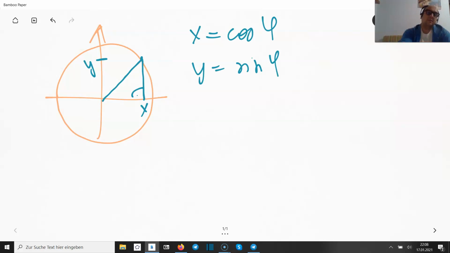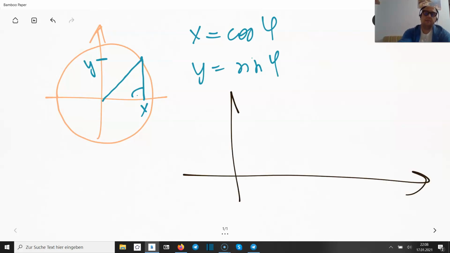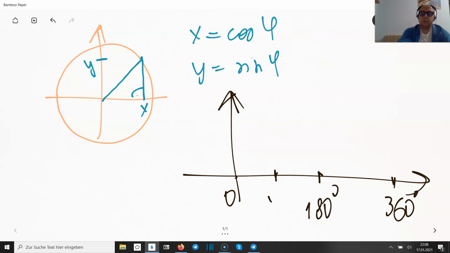If we want to have the basic graph from 0 to 360. So this is going to be 180, this is going to be 90, and this is going to be 270. So what can we do here?